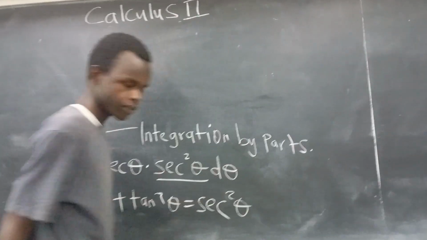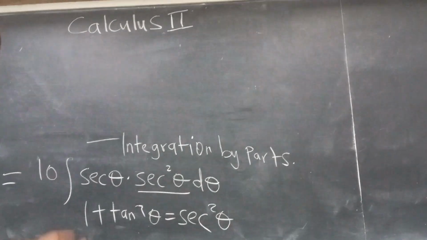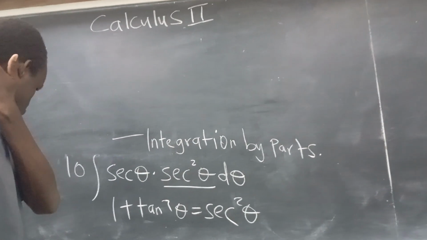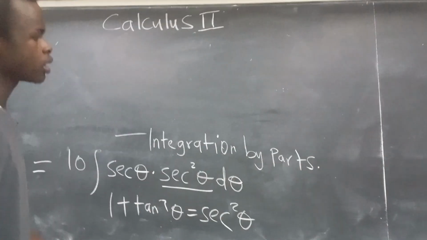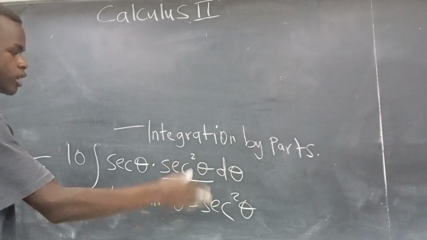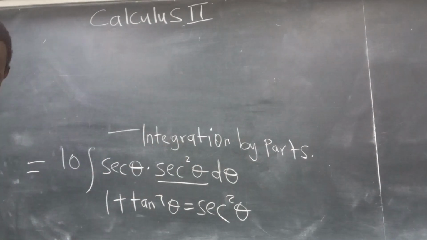In the video of trigonometric integrals, we said when you're given to integrate any power of secant, you can go the long method by integration by parts, or use the reduction formula for secant to any power to evaluate that. So for this case, we just use the integration by parts technique.